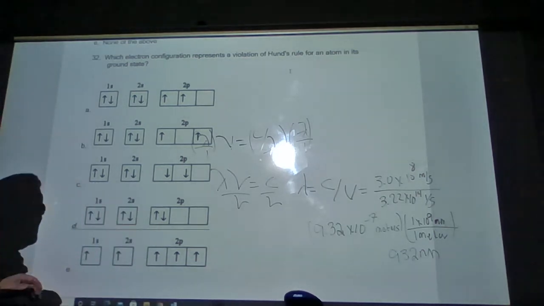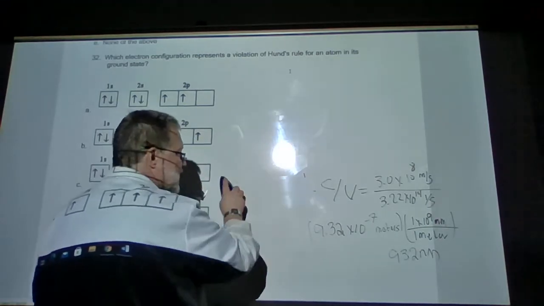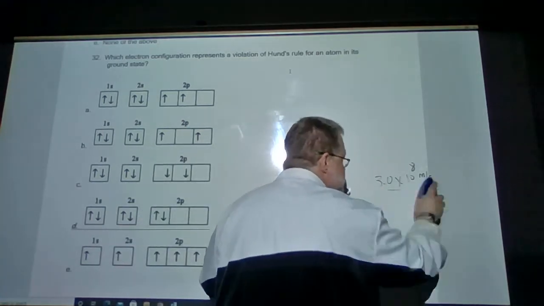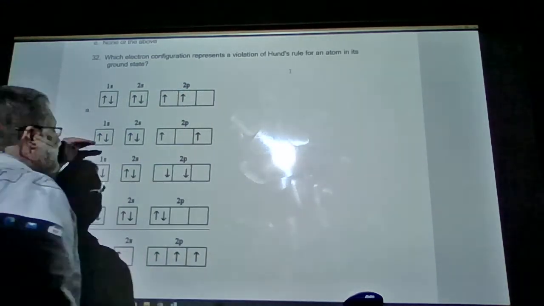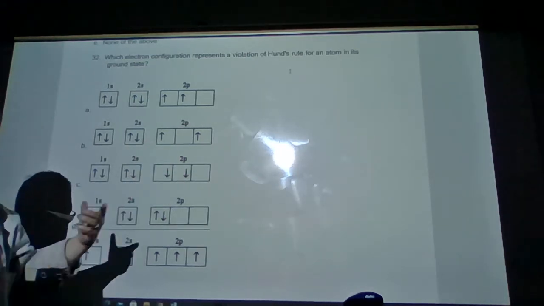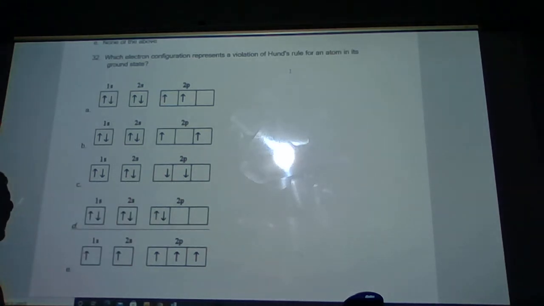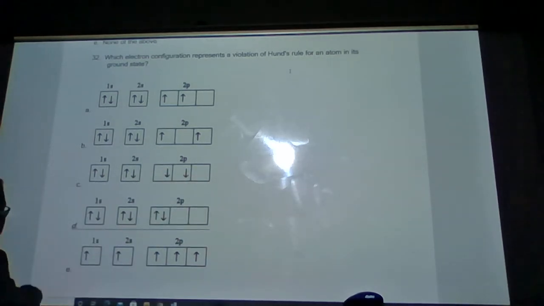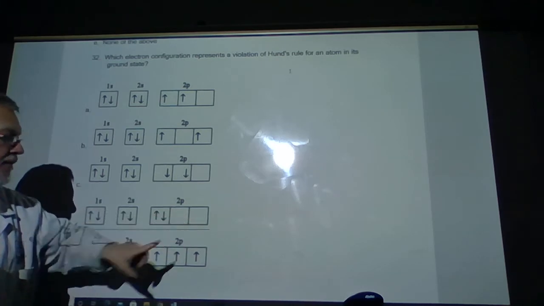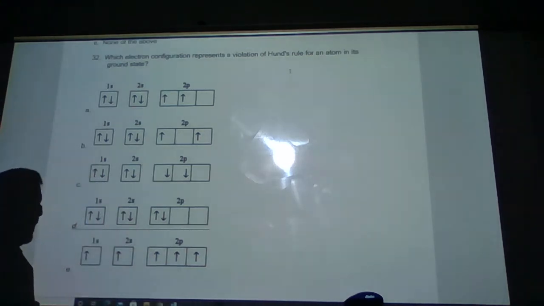Hund's rule says that when you have multiple orbitals that are degenerate, having the same energy, like the p orbitals where we have 3, the d orbitals where we have 5, the f orbitals where we have 7, i.e. have the same energy, we say that the electrons occupy these orbitals singly first, such that you spin up electrons first, and then when each orbital has an electron, you start spin pairing.